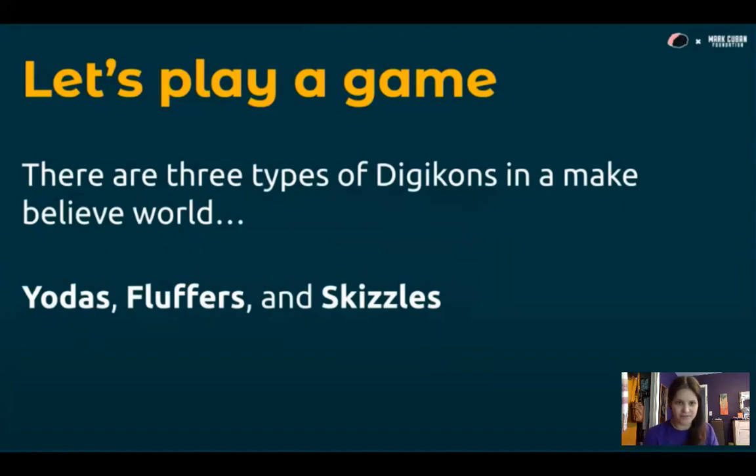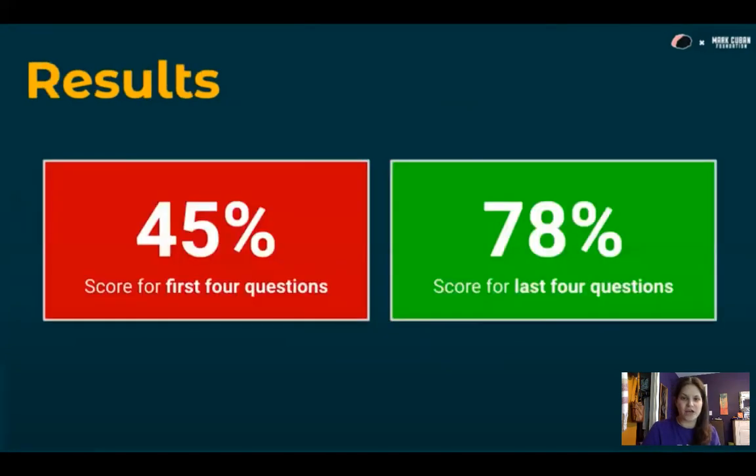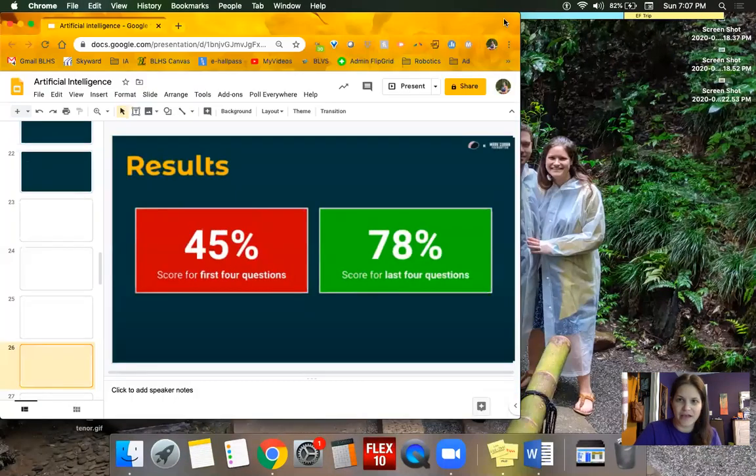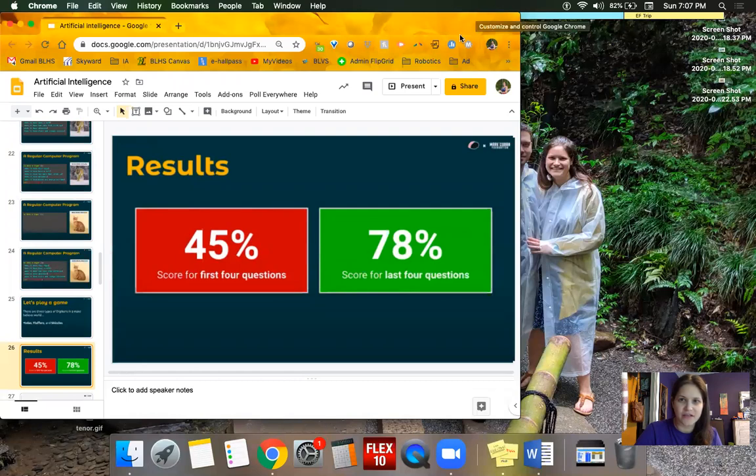They're not real shapes. This is just for pretend. Digicons have 3 different categories: Yodas, Fluffers, and Skizzles. Your job was to figure out what were the Fluffers, what were the Skizzles, and what were the Yodas. Let's look at the game real quick.